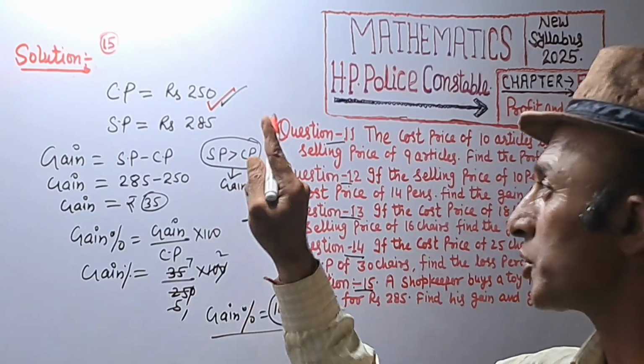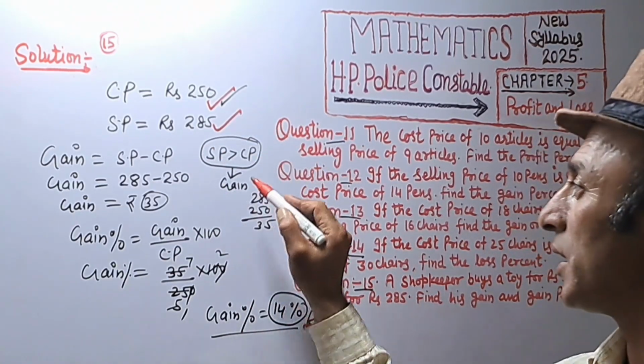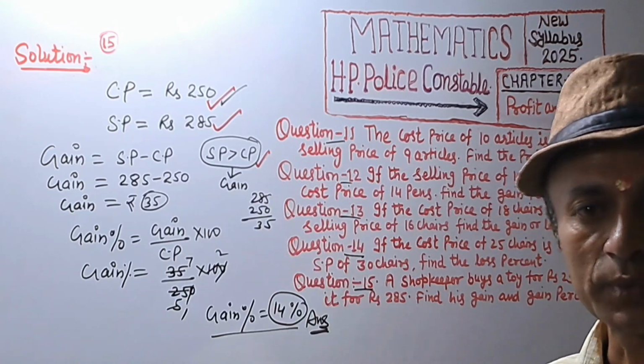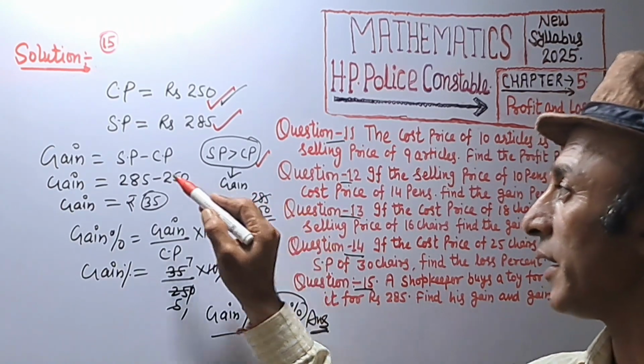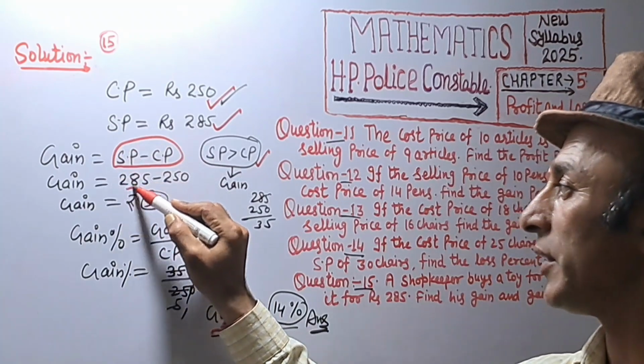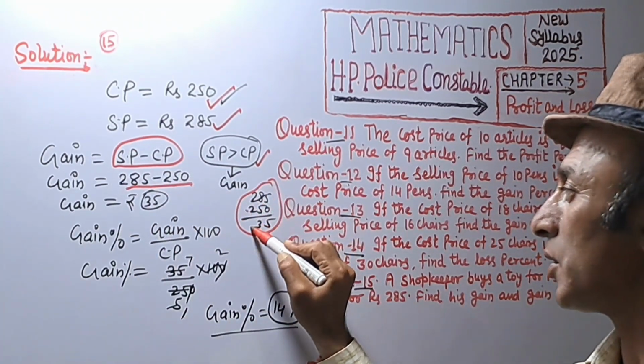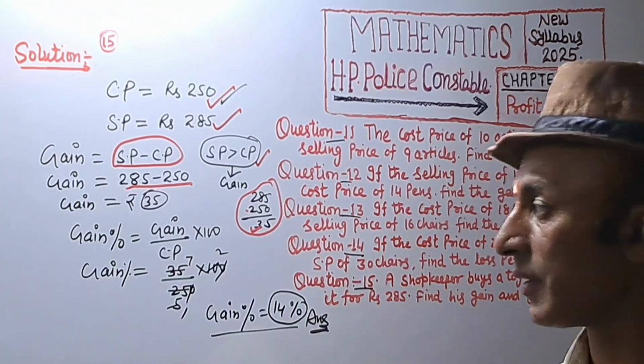Cost price is rupees 250, selling price is 285 rupees. Selling price is greater than cost price, we get gain, and gain equal to selling price minus cost price. 285 minus 250, that is rupees 35.